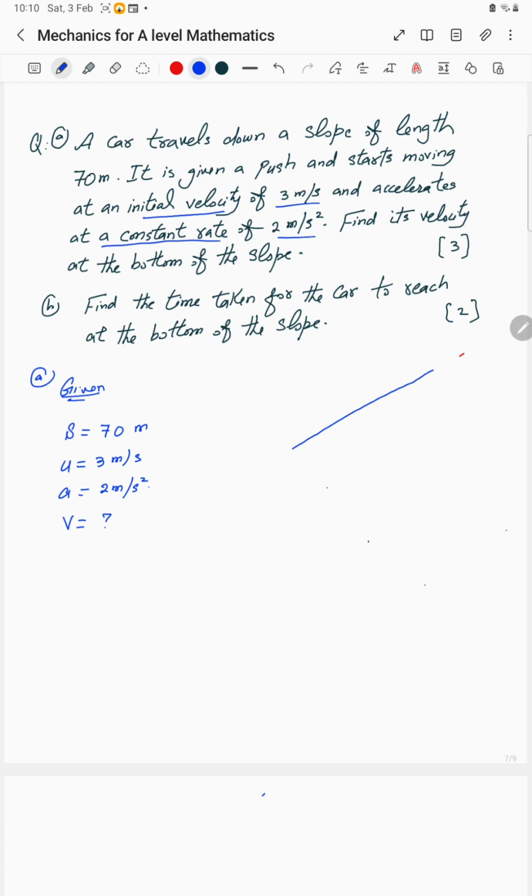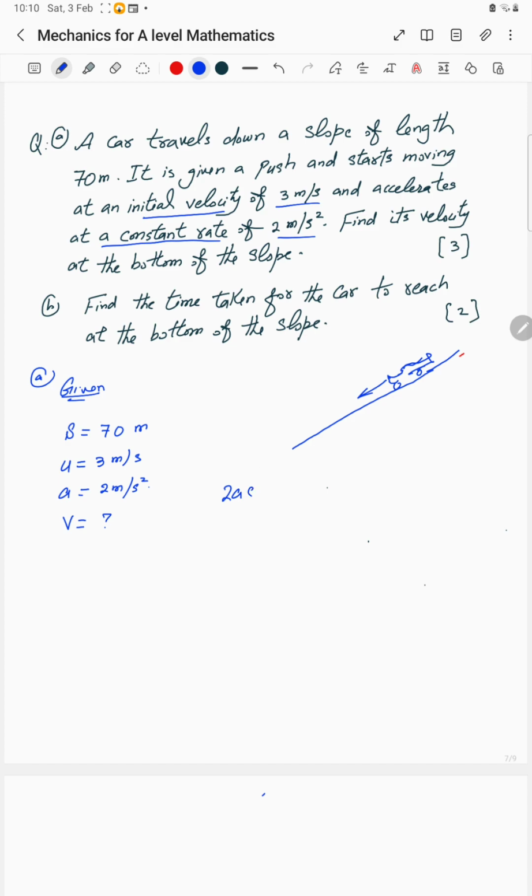So again, it's a case of constant acceleration. By applying Newton's equations of motion, I'm applying here the third one, that is 2as equals v square minus u square. The figure is not as important as the concept.